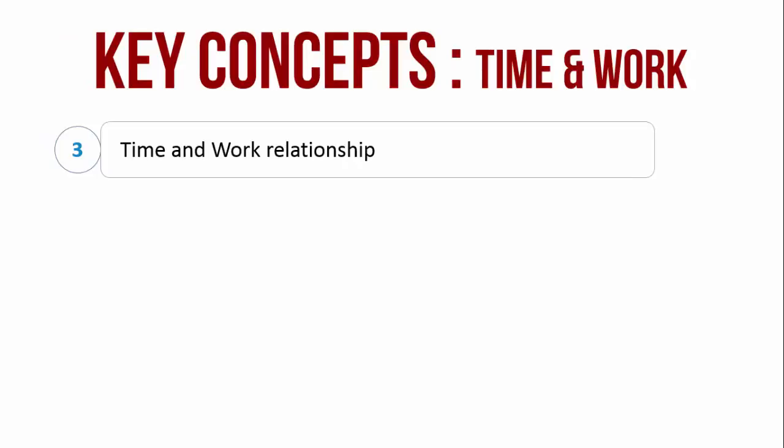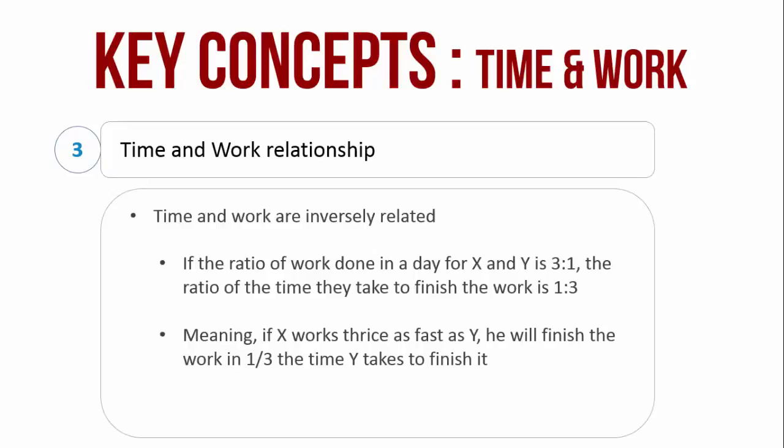The third key concept is the relationship between time and work. Time and work have an inverse relationship. The inverse relationship means that if you work faster, that is the rate of working is high, the time taken will be low, and vice versa.